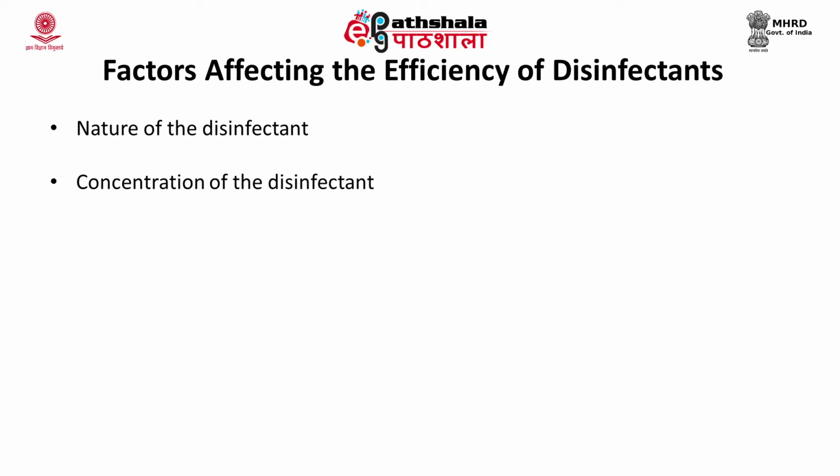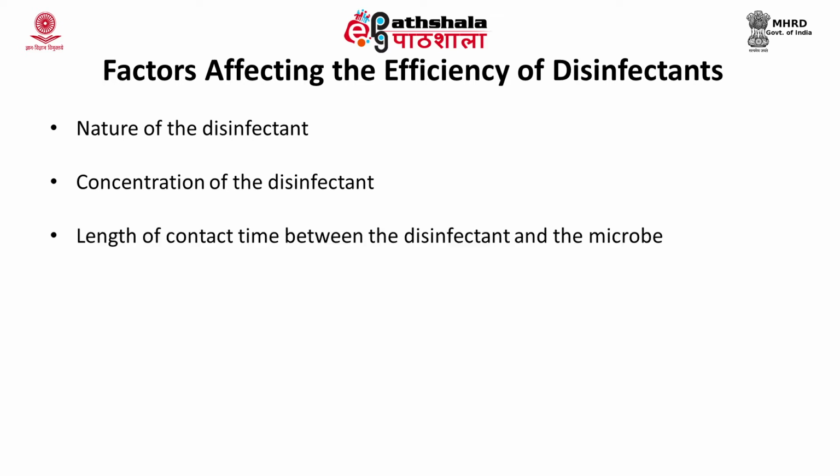The second factor affecting the efficacy of a disinfectant is its concentration. A high concentration of disinfectant will kill a large population, and as the disinfectant is diluted, its efficacy decreases. The third factor is the duration of contact time between the disinfectant and the microorganism.